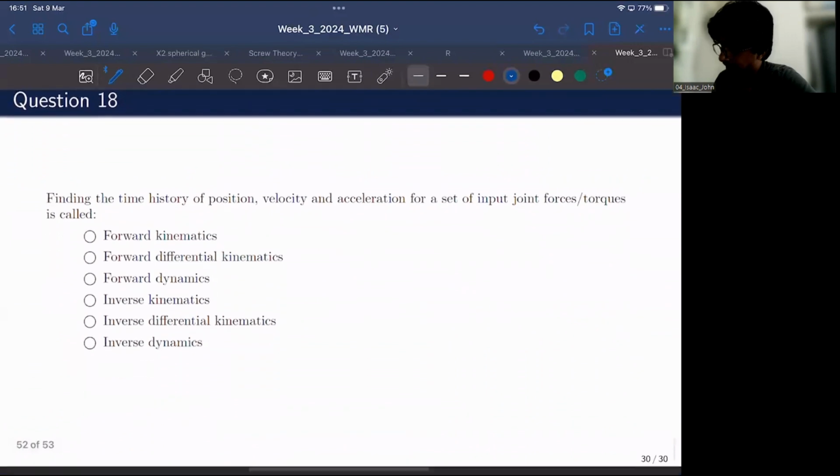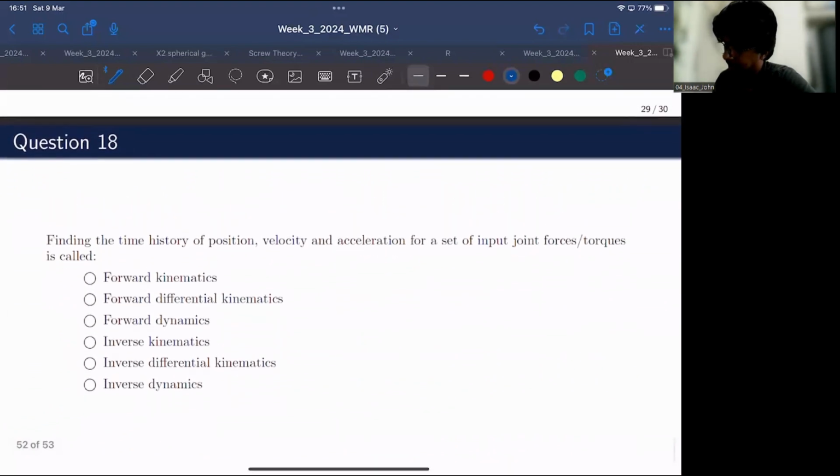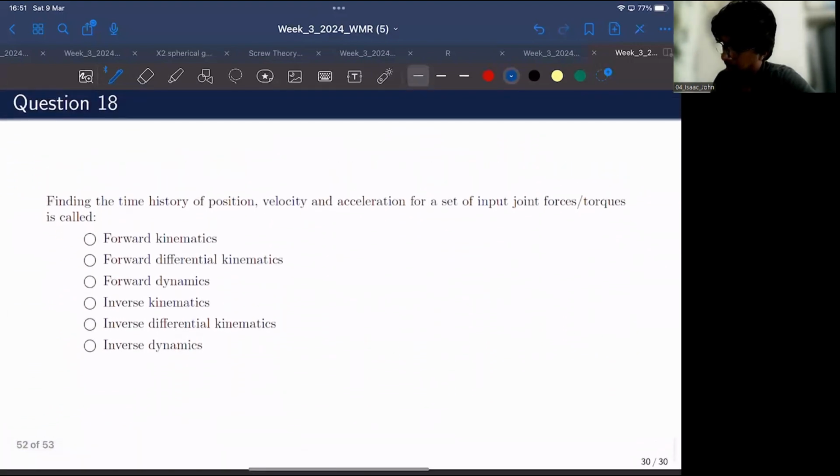Okay, so I guess we have one more question. Question 18. Finding the time history of position, velocity, and acceleration for a set of input forces and input torques is called something that links torques to position, velocity, and acceleration. D of theta, theta double dot plus n of theta.